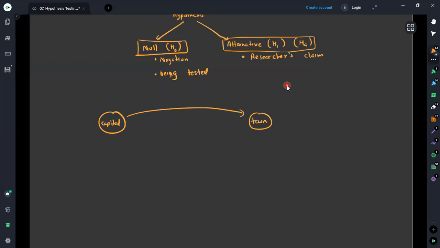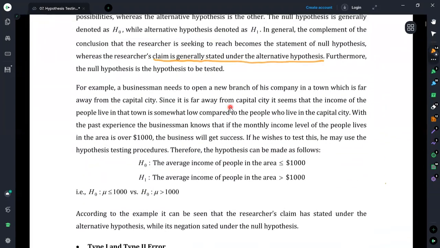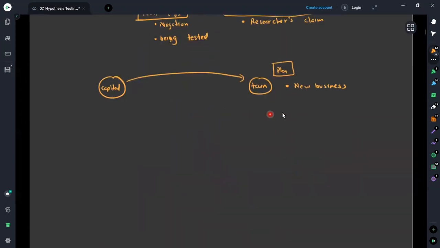The businessman is still in the planning stage. He is planning to start a new business in this town. If he needs to start a new business, the people who live in that area should have wealth, or enough money to buy the items from him.